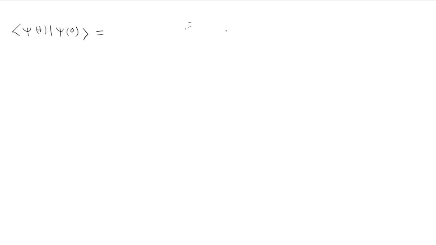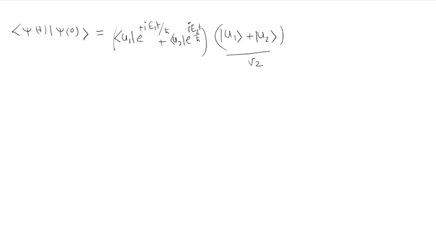The first one is u1 plus u2, with 1 over root 2. And then I have here u1 with exponential plus i e1 t over h cross, plus you have u2 with exponential i e2 t over h cross. This is the complex conjugate of the first one. You sandwich these two.